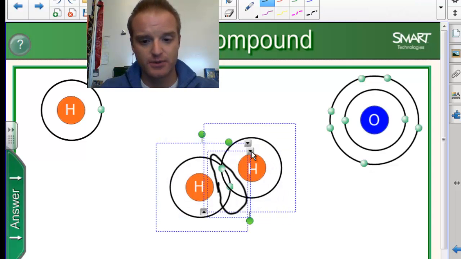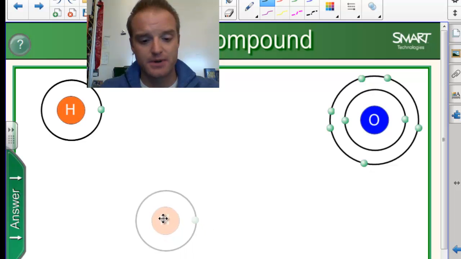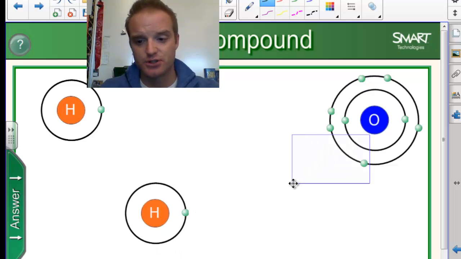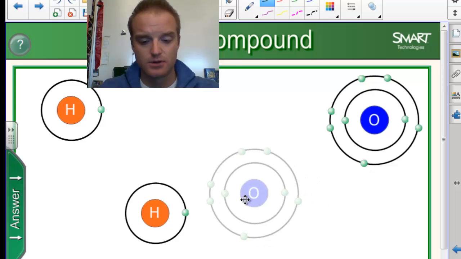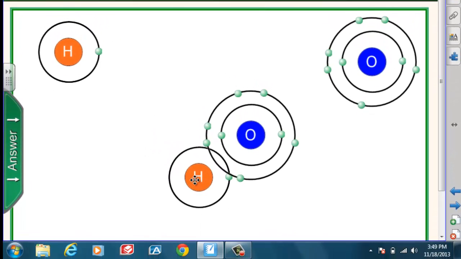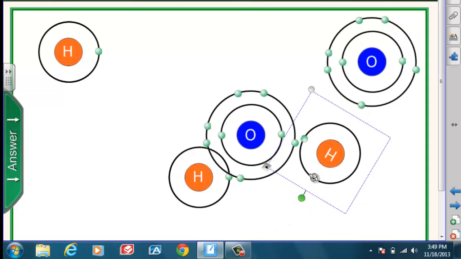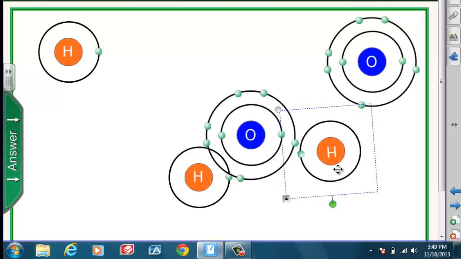It can happen differently though too. So let's bring in oxygen. Oxygen needs to get 8 valence electrons. Right now it has 1, 2, 3, 4, 5, 6. So bring one in right there, bring one in over here, and again we'll spin it around to make it fit a little easier. There we go.